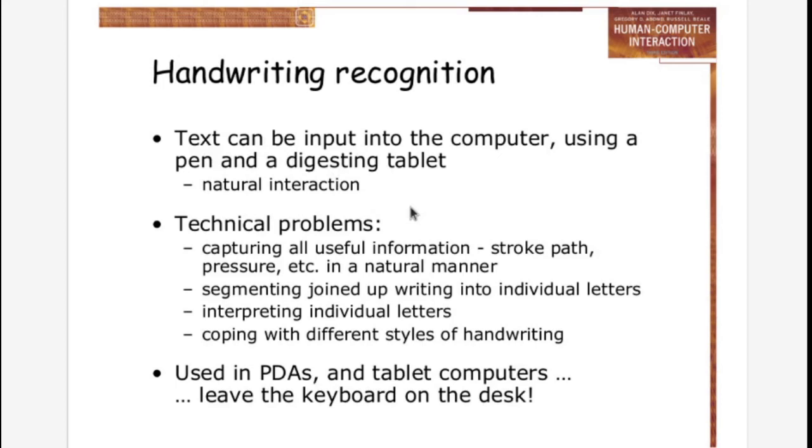In handwriting recognition, the stroke path is very important. It is very hard for computers to recognize the handwriting of persons, because each person has a different stroke path, so how they are drawing or writing, the way of drawing.